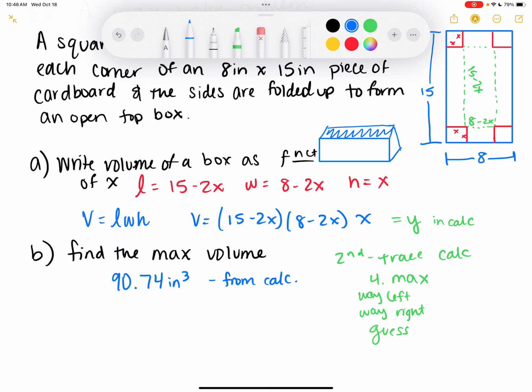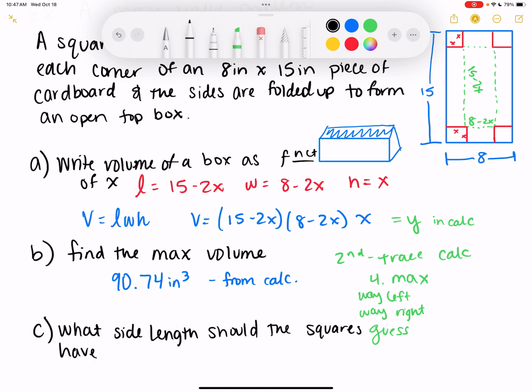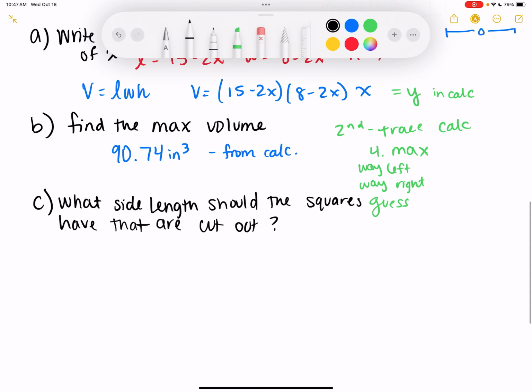So now, part C, don't clear your calculator. What side length should the squares have that are cut out? So if my max volume occurs when y is 90.74, what might x be?